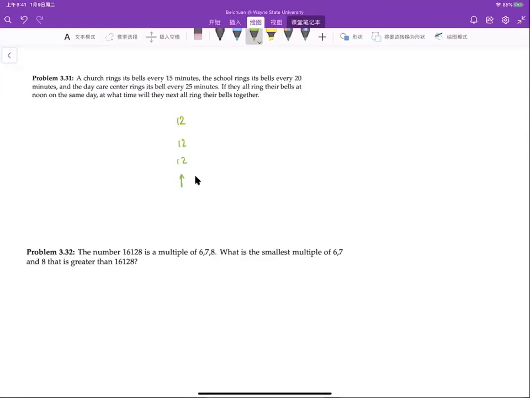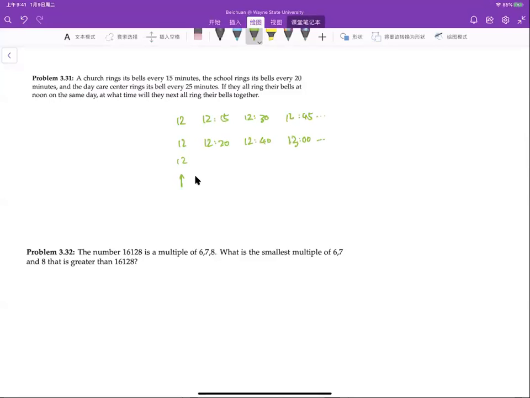And so basically, you know that the next time the church rings the bell will be 12:15, then 12:30, then 12:45, and so on. The next time the school will ring the bell will be 12:20, 12:40, 1 p.m. and so on.